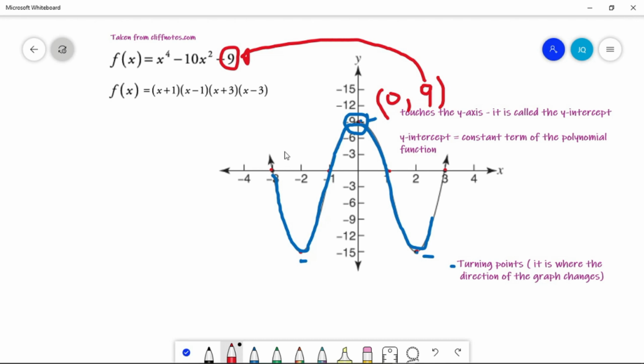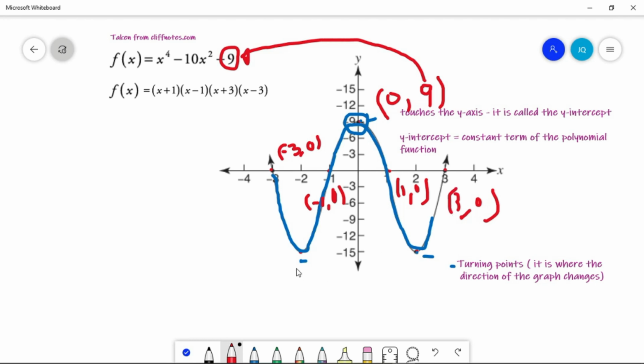And the points here are (-3, 0), (-1, 0), then here is (1, 0), and (3, 0).